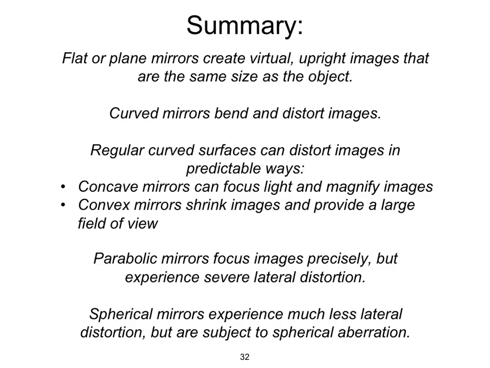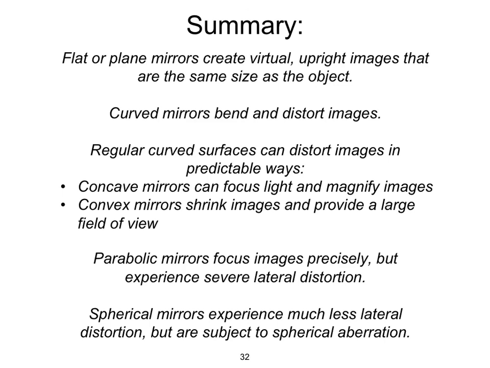In summary, we've learned that flat or plane mirrors create virtual upright images that are the same size as the object. We learned that curved mirrors bend and distort images, and that regularly curved surfaces can distort images in predictable ways. Concave mirrors can focus light and magnify images, and convex mirrors shrink images and provide a large field of view.